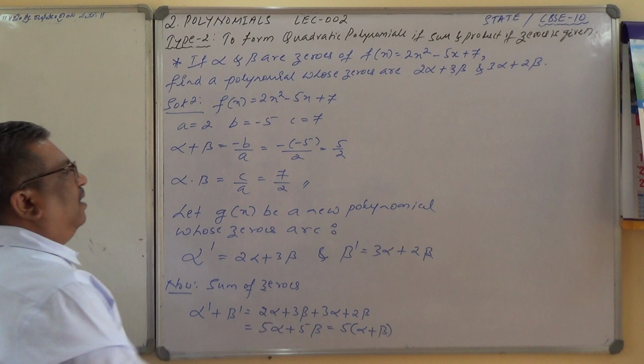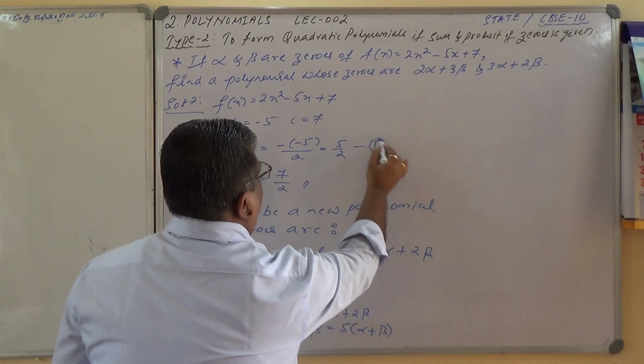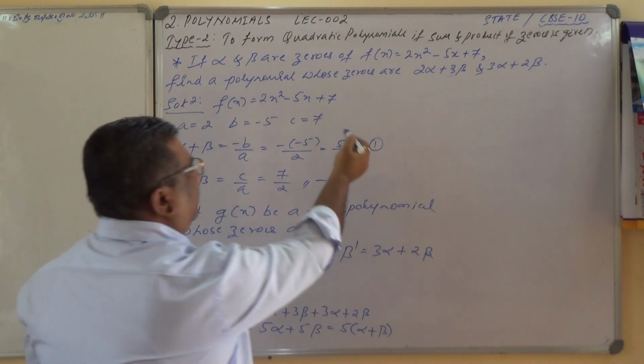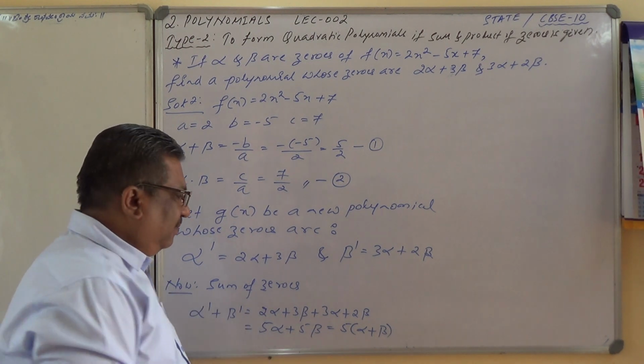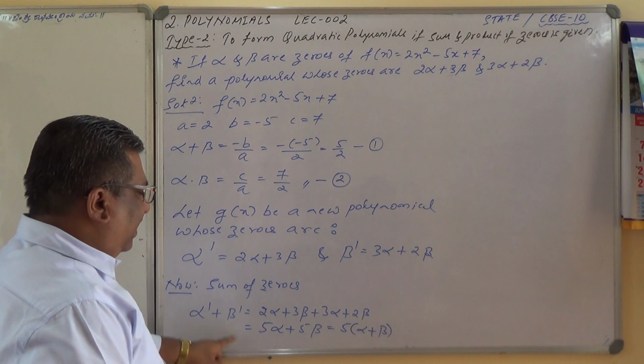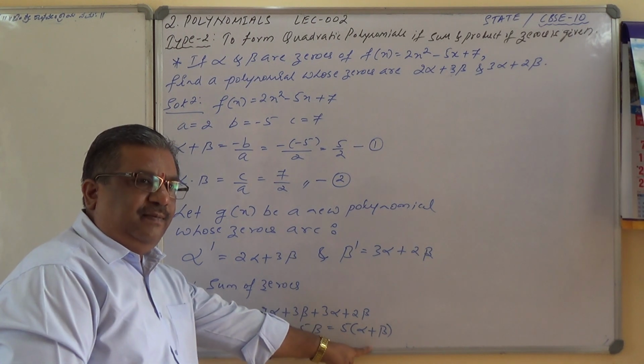Is it clear? Let me tag it here as 1 and tag it here as 2 because I am tracing now. 5 times alpha plus beta, I got it. So alpha dash plus beta dash is equal to 5 times alpha plus beta.